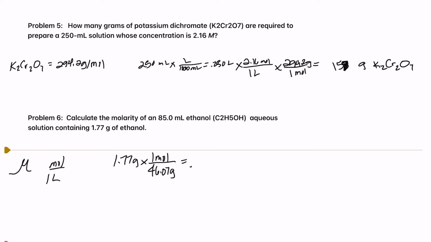Ethanol has a molecular weight of 46.07 grams per mole. So now I know I'm dealing with 0.0384 moles. I have 0.0384 moles in my 85 milliliters. Convert that to liters. We get 0.0850 liters.